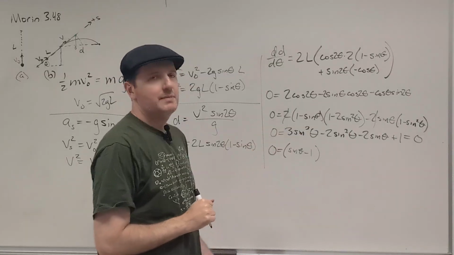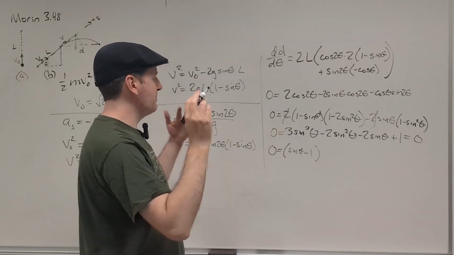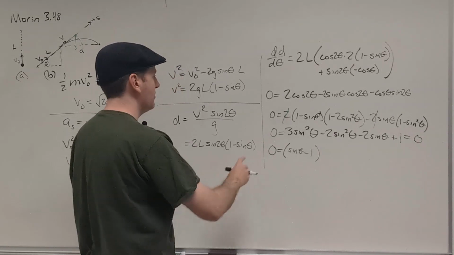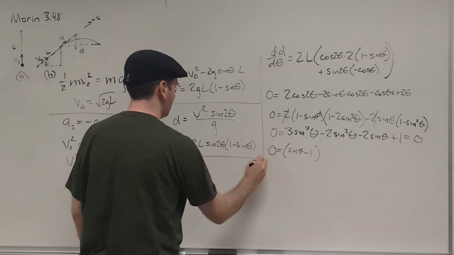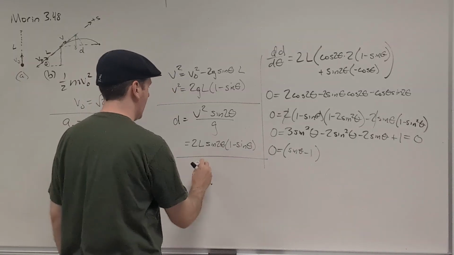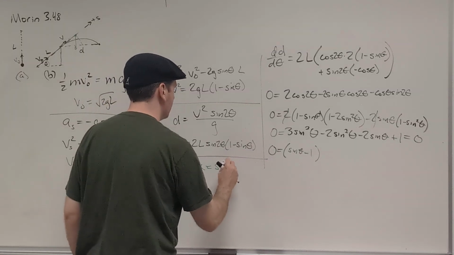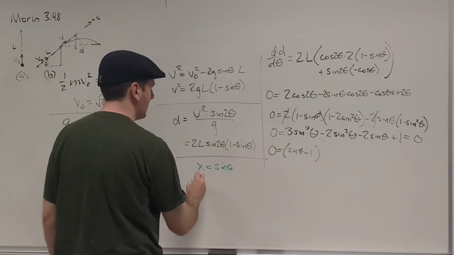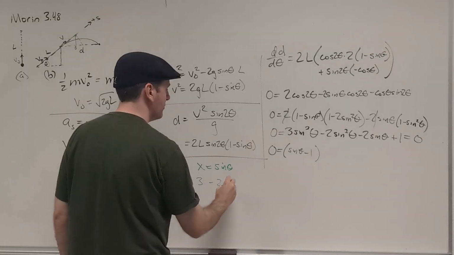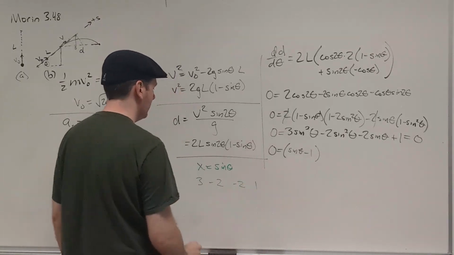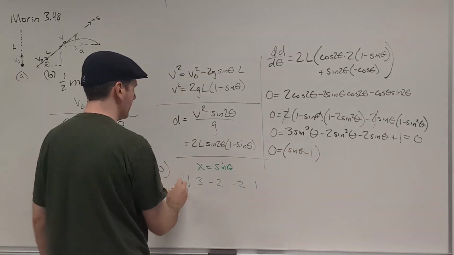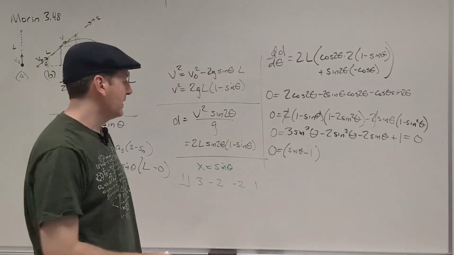Now, how do I get the rest? I mean, you could do it by inspection, but it's been a while. Let's go ahead and use synthetic division. So my variable here, I'll call it, say, x as sine theta. And then if I write down this whole polynomial's coefficients, I've got 3, minus 2, minus 2, 1. And I want to divide out this x equals 1, we know is a root.